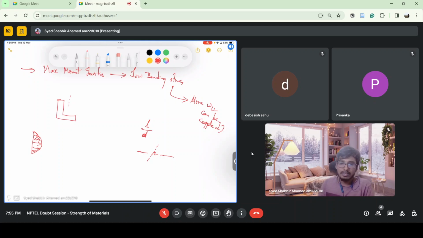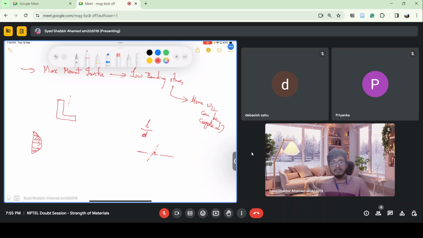If it is 20 and above, then you can take the Euler-Bernoulli beam theory. If it goes below this, then you cannot use the Euler-Bernoulli.